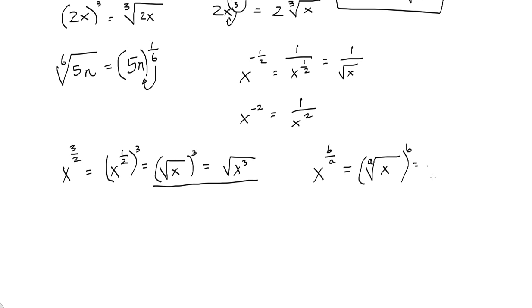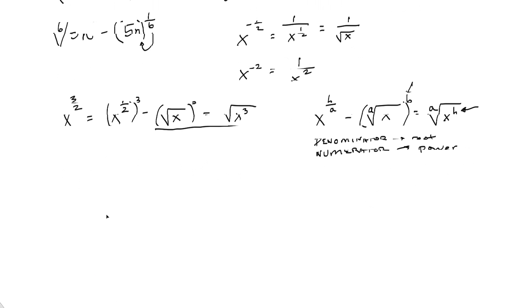Or, as I mentioned, you could also write this as the ath root of x to the b. That power, this b, can either be outside the radical or inside the radical. They're both equal. So the denominator of my fraction exponent gives us the root, and my numerator gives us the power. Pretty straightforward. Once you get the rule, it's not that terribly difficult, I hope.